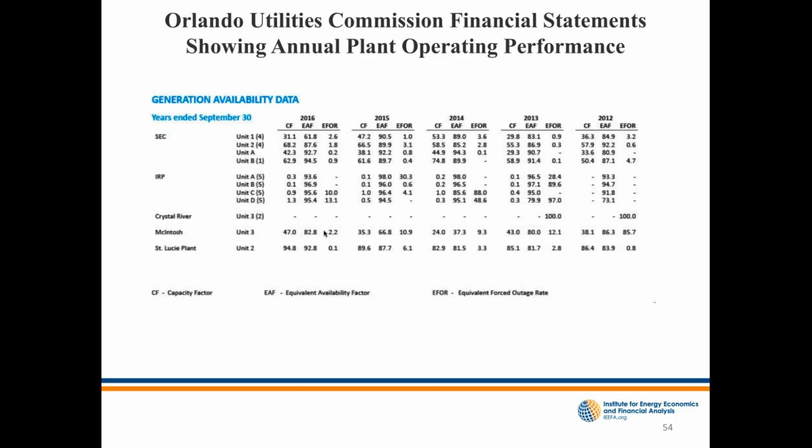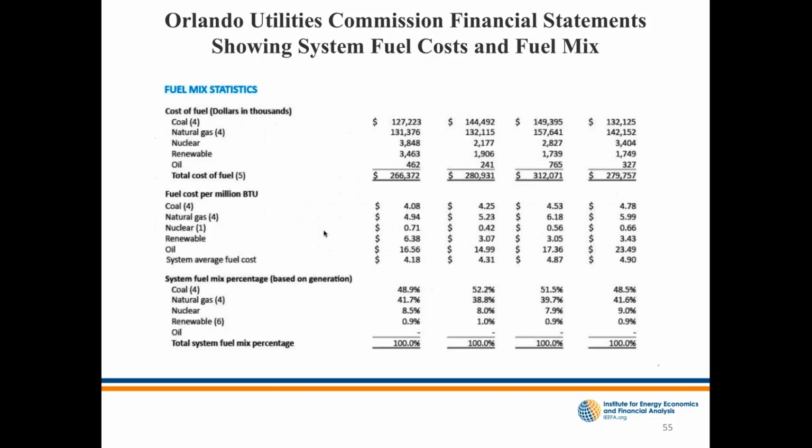So you can learn about plant performance. You can learn fuel costs if you don't want to go look at the Form 923, the EIA data. If you can find this information, I should say it's not in every financial report. It's only in some, by some plant owners, so you need to do research to see what you can actually find.